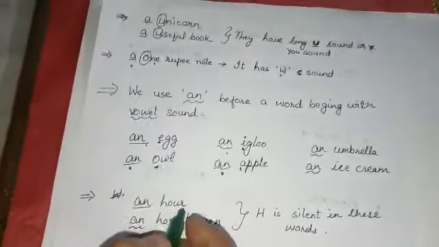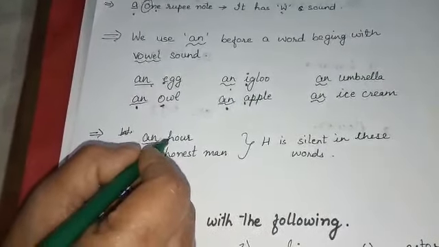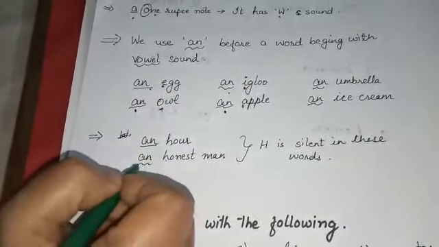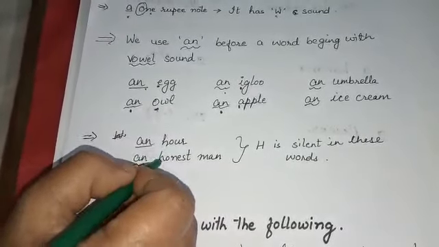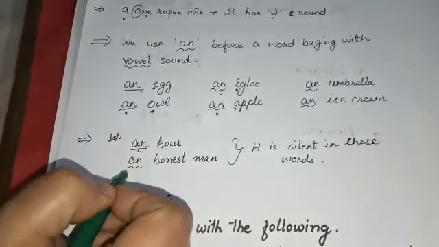Now, there is also one exception here, like hour and honest. As you can see, they are starting with the letter H, but we are using an before it. An honest man. Why?